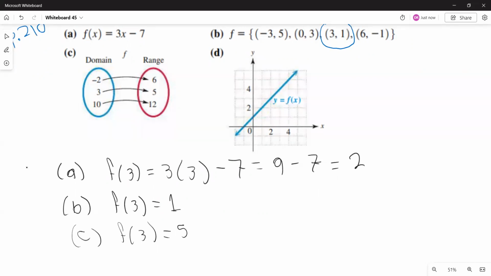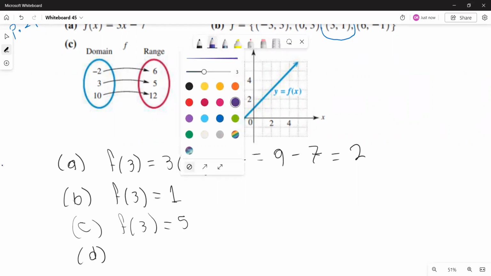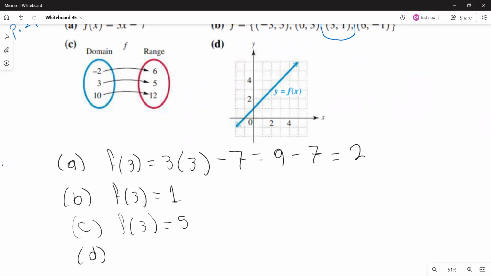And D, one point on the graph, the graph passes through the point 3, 4. That's 1 point on the graph, so f of 3 is equal to 4.